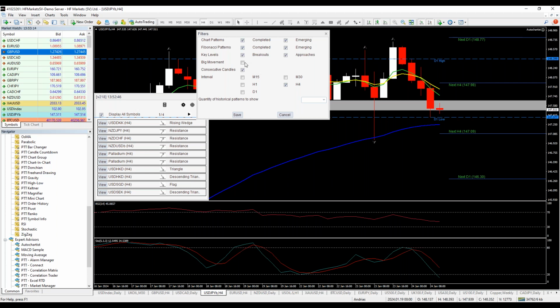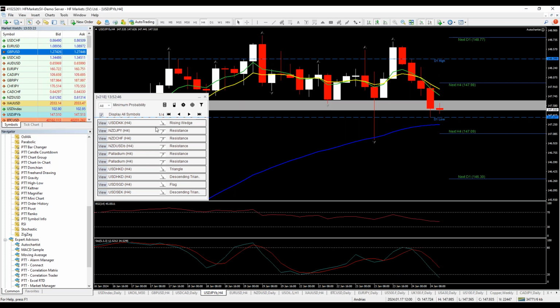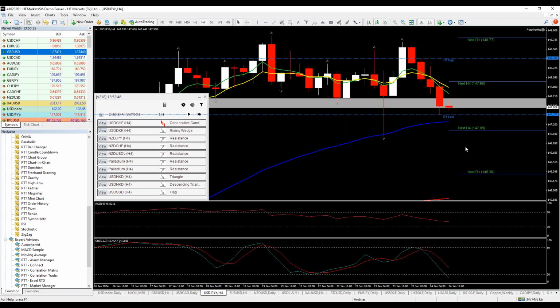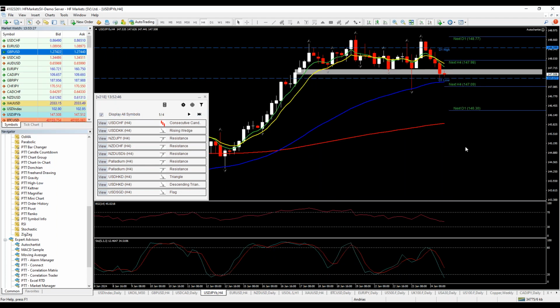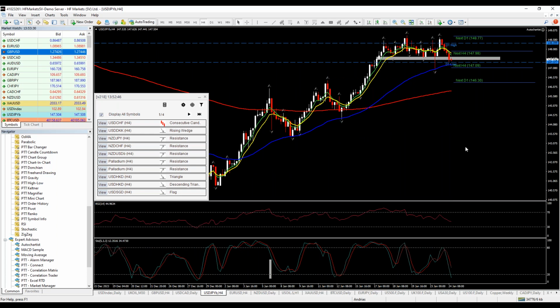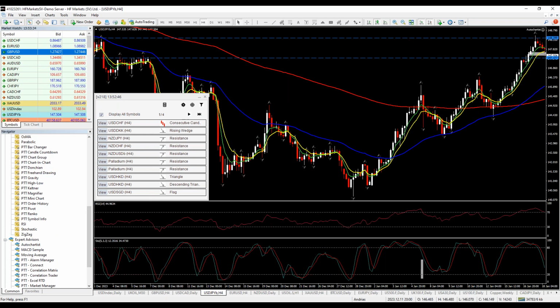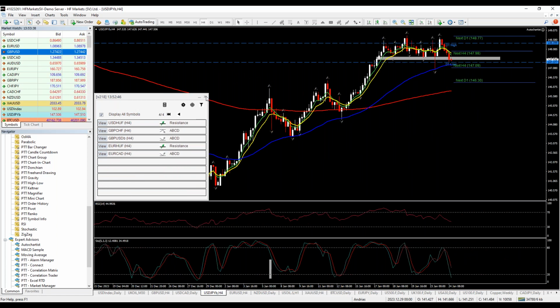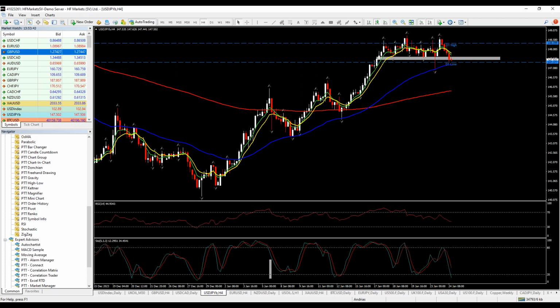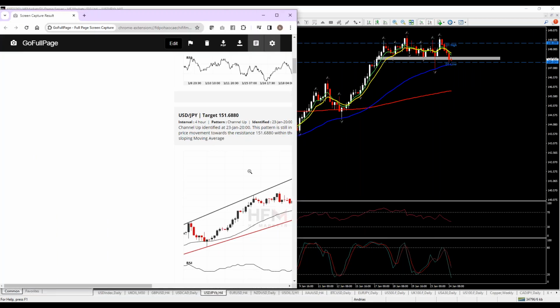Breakout, big movement, consecutive candles. Let me close that a bit just to check the signal. So what does it tell me?